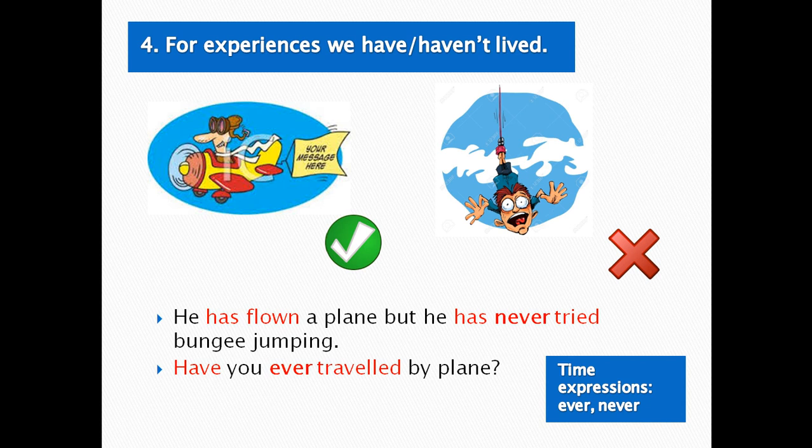Or another example, have you ever traveled by plane. هل سبق وأن معناها هل سبق وأن. have you ever هذه ثابتة. أو for example have you ever swum in the ocean. هل سبق وأن مثلا سبحت بالمحيط إلى آخره.